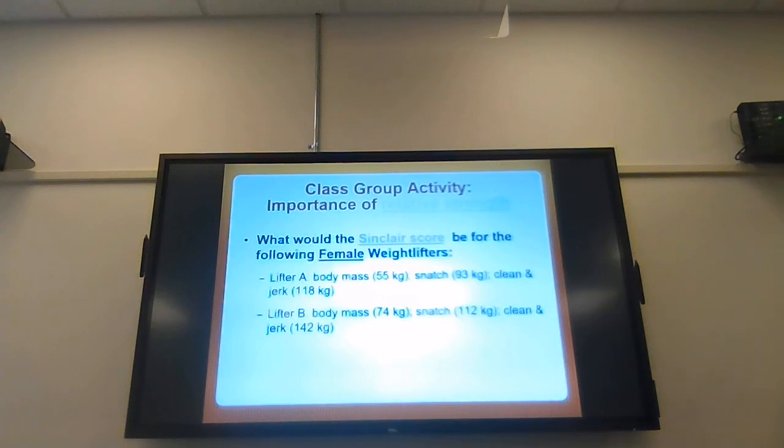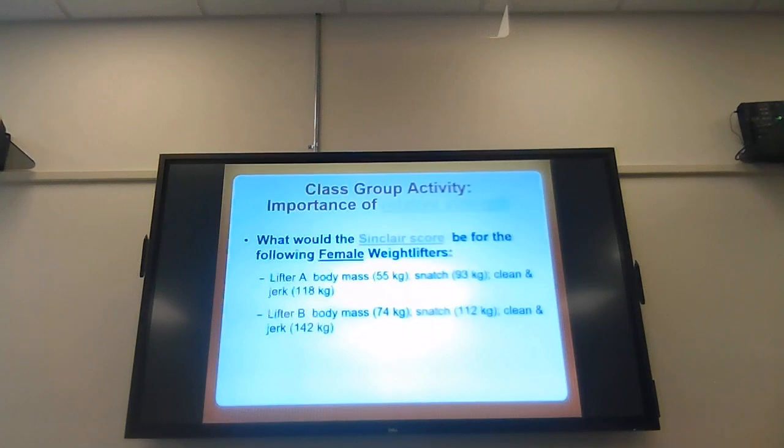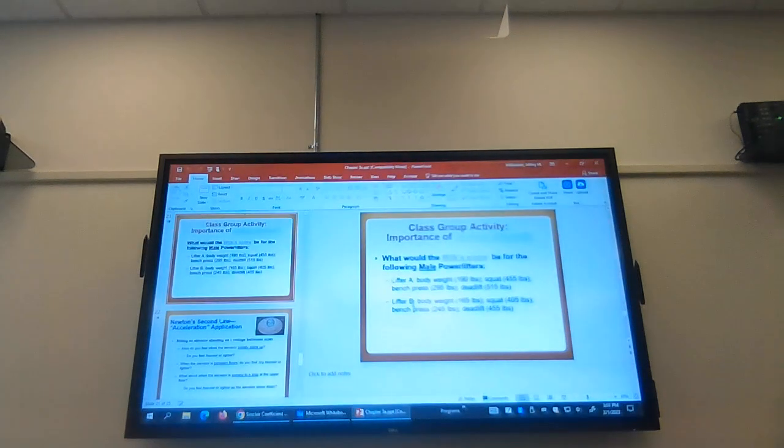Oh, yeah, I forgot we don't have to know how to do it. Anybody know on the Wilks score yet? For this one in B, pounds. 55 kilograms. Make sure you total those carefully.